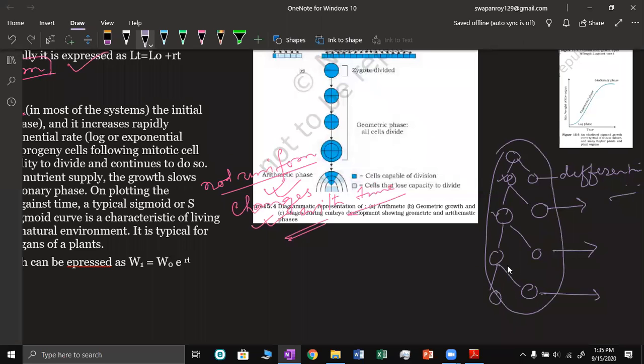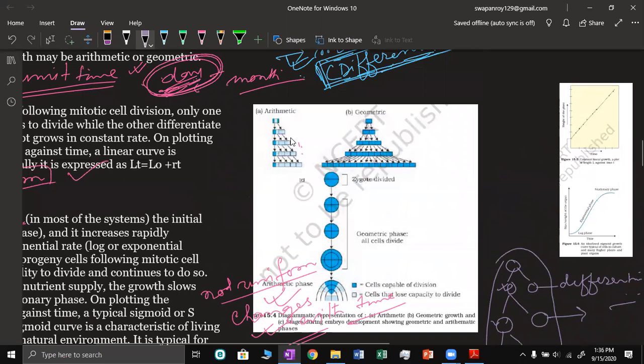So we can say there is uniform growth. Rate of growth is uniform with time. Rate of growth is not changing. You can see that one cell is there. From one cell, two cells have formed. Of these two cells, one is permanent, and the other again divides and gives another cell. This also becomes permanent.